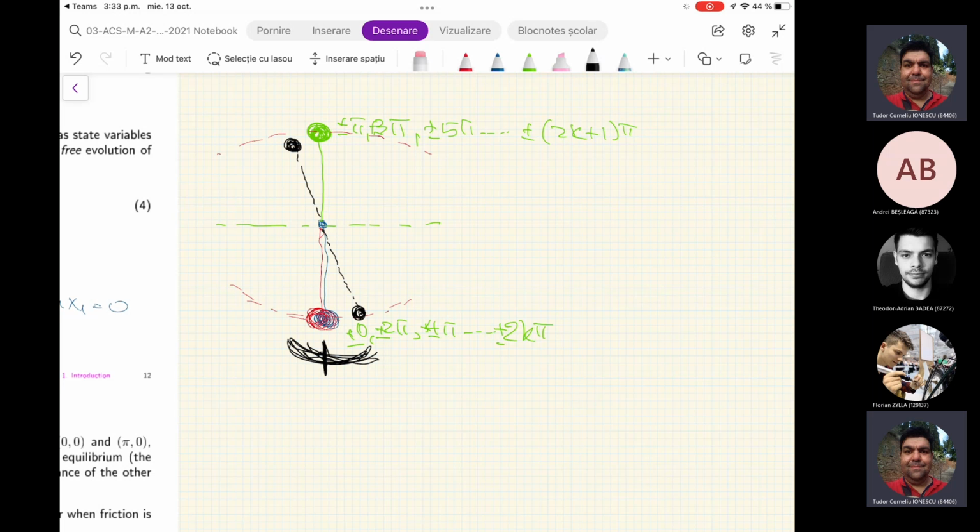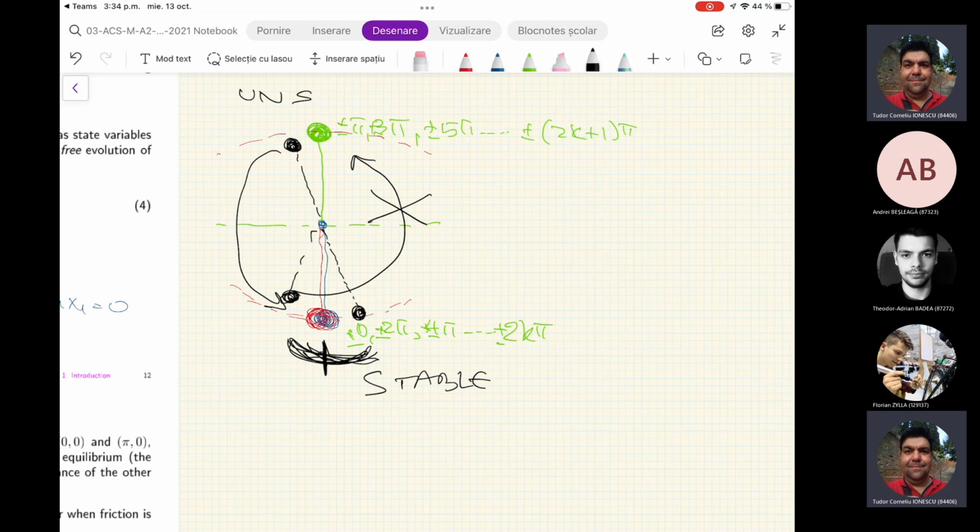What happens? It won't return to its fall position. Exactly, and will never return back. It will never come back. So stable, unstable. So this is a qualitative, intuitive assessment.